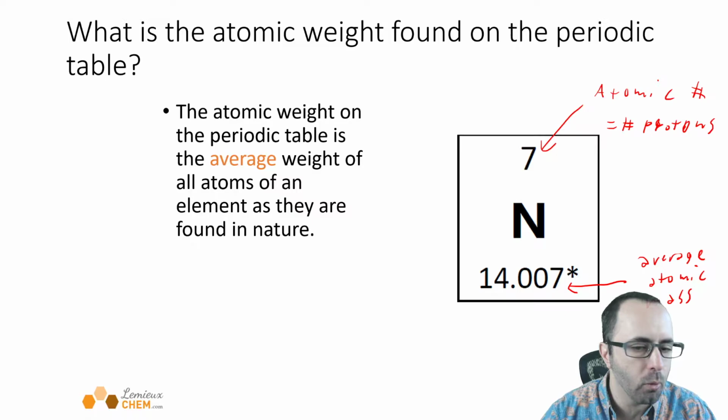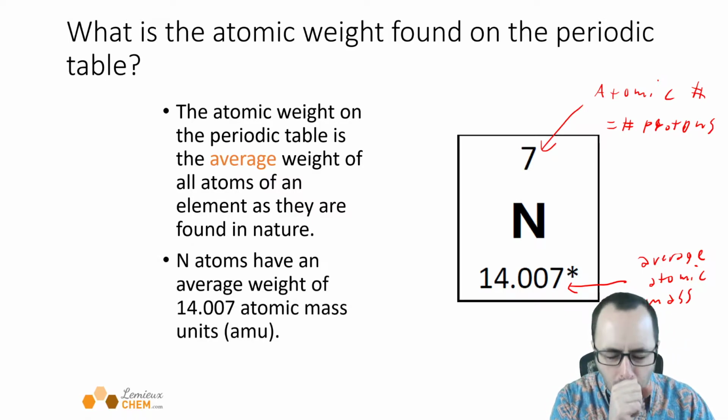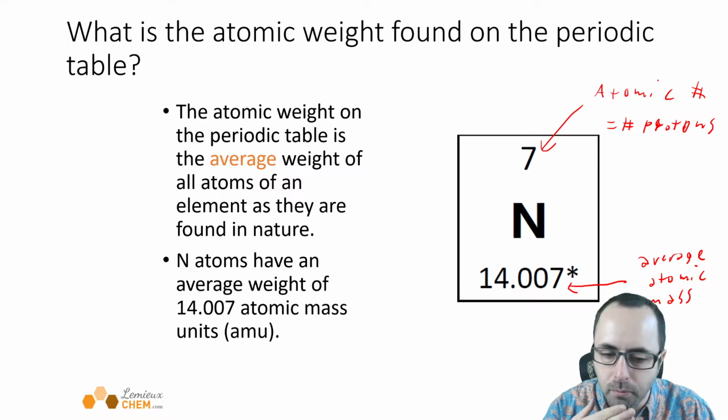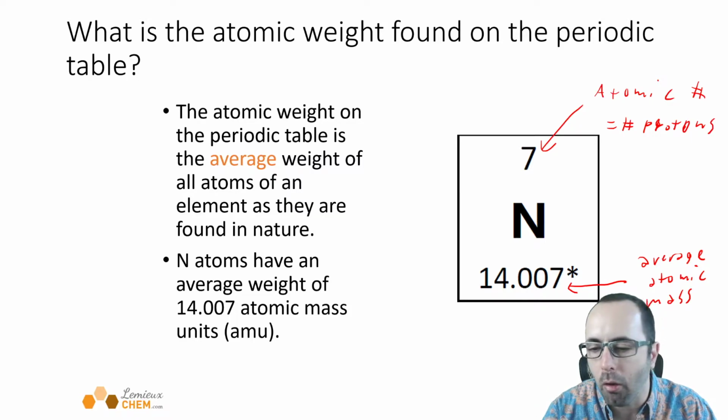So what you're going to see here is, for nitrogen, the average atomic mass is 14.007 atomic mass units, or AMUs. This is because almost all the nitrogen atoms weigh 14 AMUs, but a few of them are nitrogen 15. As we saw in the last lecture, nitrogen 15 atoms have 7 protons and 8 neutrons.